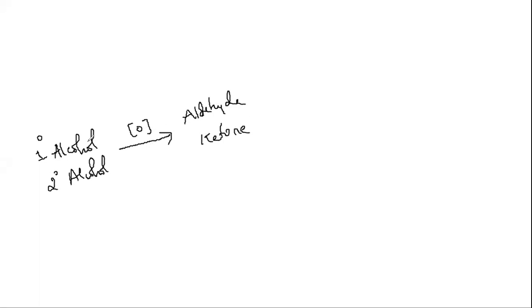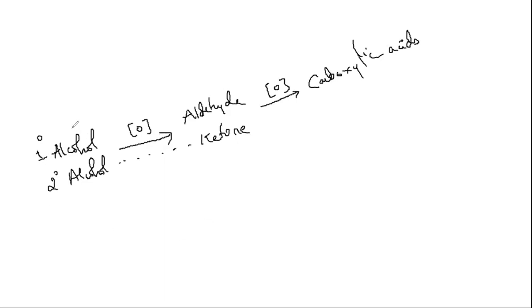And you know, primary alcohol will give you aldehyde, secondary alcohol will give you ketone. Further oxidation of an aldehyde or a ketone. Of course, we know oxidation of aldehyde is very easy, ketone oxidation is difficult, but still, what will we get? We get carboxylic acid. Okay, students. So this is using a mild oxidizing agent.